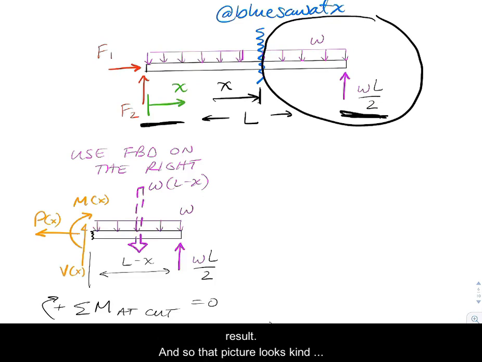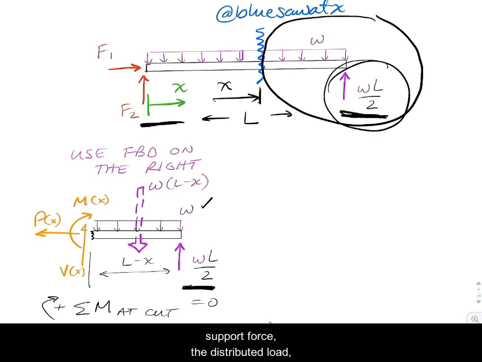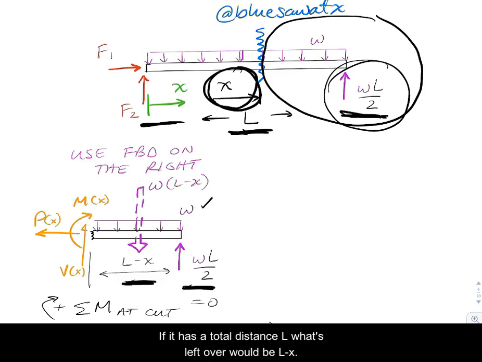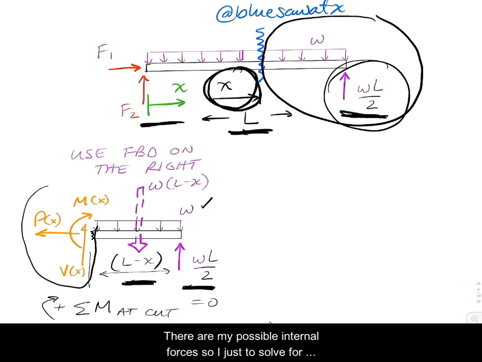And so that picture looks kind of nice. I've got the support force, the distributed load, a distance L minus x. I cut that thing at a distance x. If it has a total distance L, what's left over would be L minus x. And there are my possible internal forces.